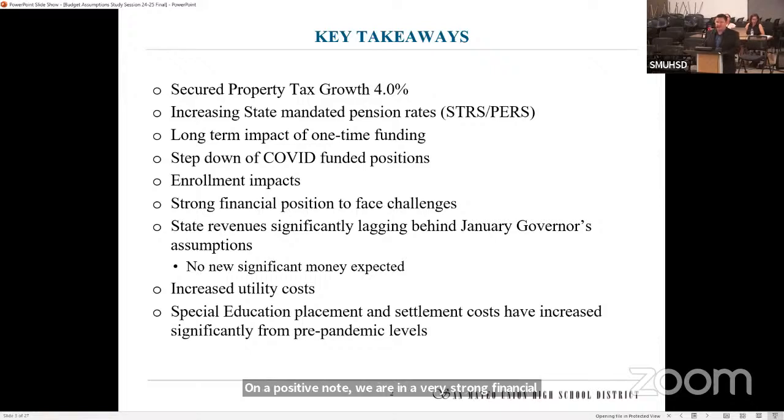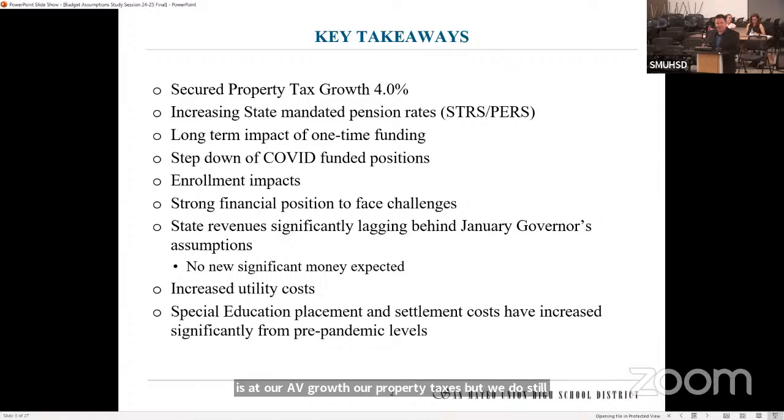In terms of the state, the governor's budget, usually we're looking at as a community funded or basic aid school district. Our primary interest and concern is our AV growth, our property taxes. But we do still receive some funding from the state.